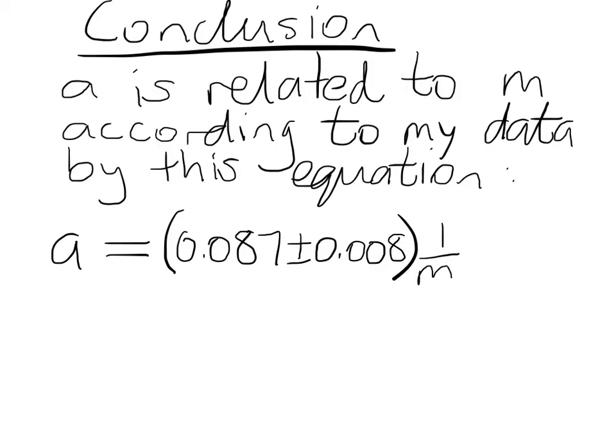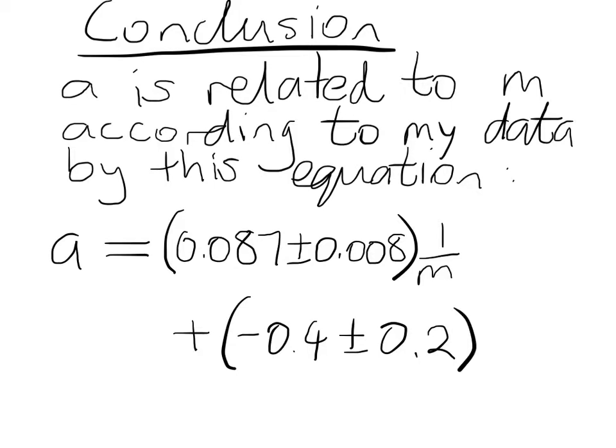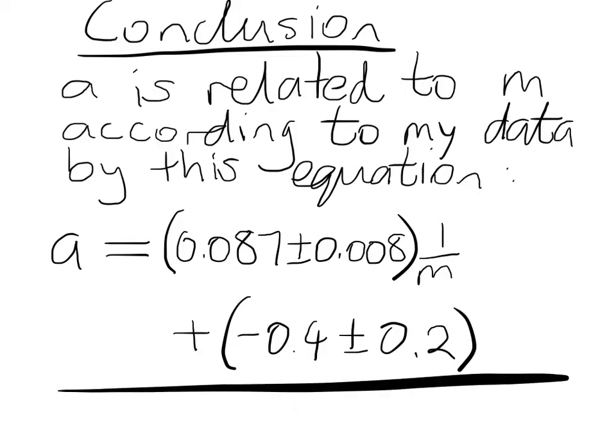Now in this case, I'll just write it down here. We are going to add on our y-intercept, which happens to be negative 0.4 plus or minus 0.2. So that's how our equation is written.